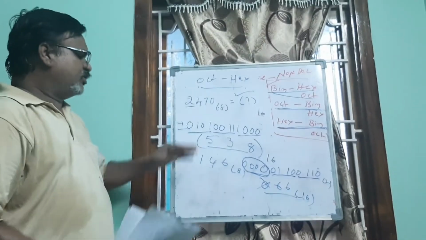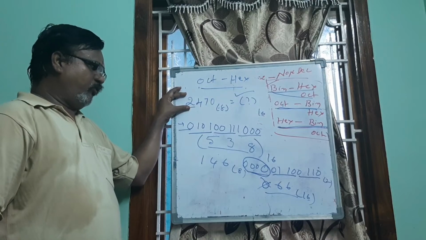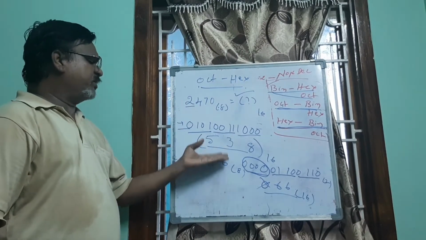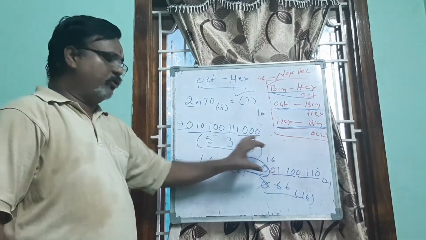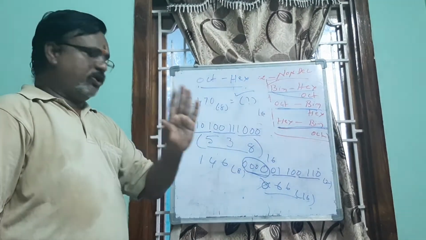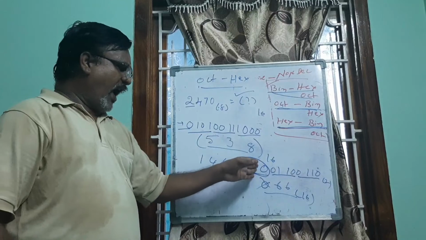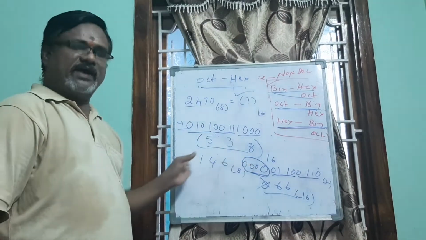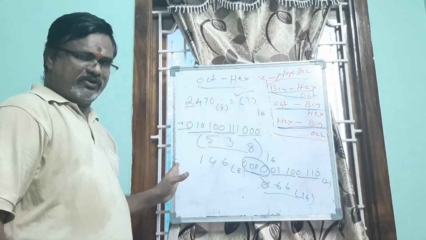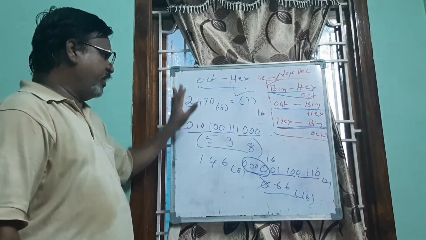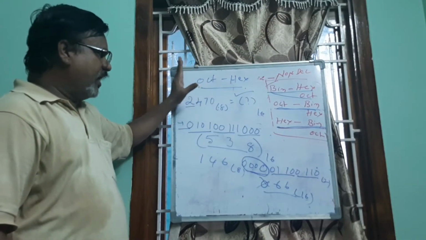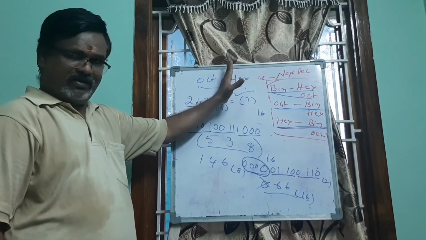So this is the way. Whether you get 4 into 3, 12 bits, or 3 digits are given, 9 bits, whatever it is, you should make them in groups of 4 bits. So if you are short of bits, you add n number of zeros on the MSB side to get the group of 4 bits. This is the way how we convert an octal number to hexadecimal.